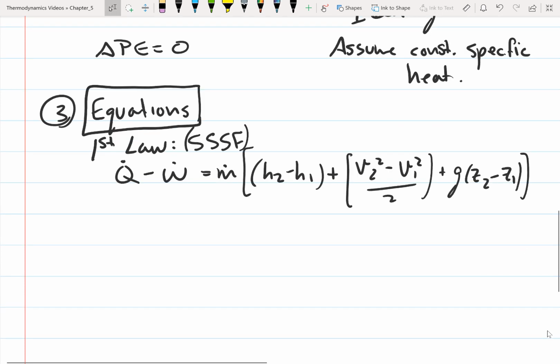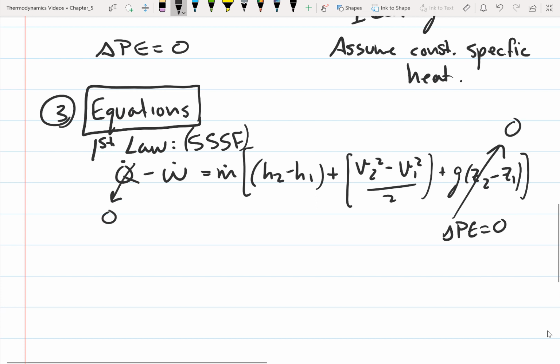So what I'm going to do before I move on to maybe some other equations we're going to need is cancel out some terms that we know are 0. So first of all, we know this is 0. So the change in potential energy is 0. We put that in our assumptions, but it's because there's not a large elevation change over the nozzle.